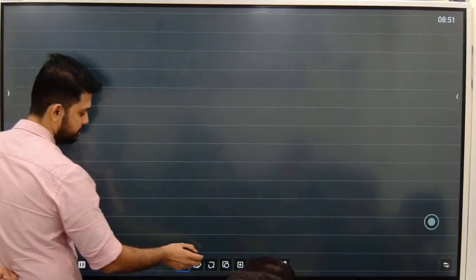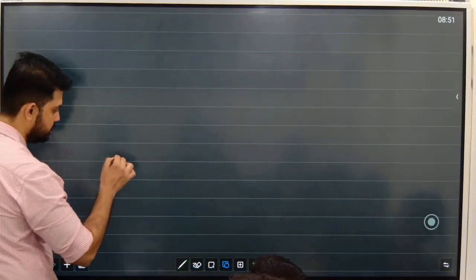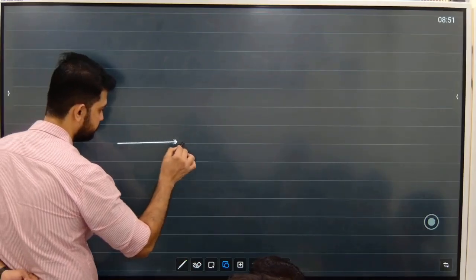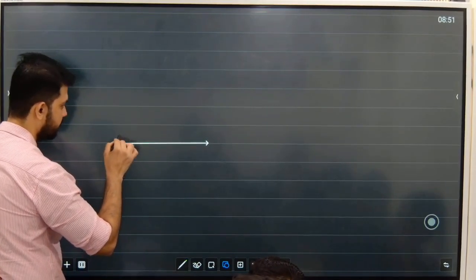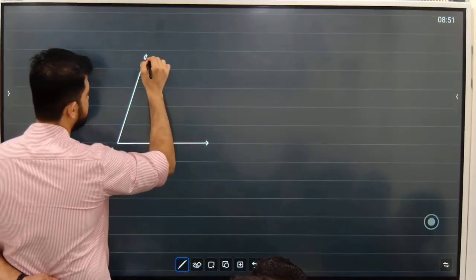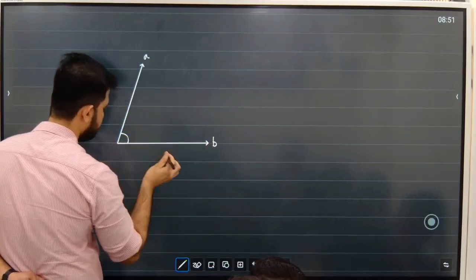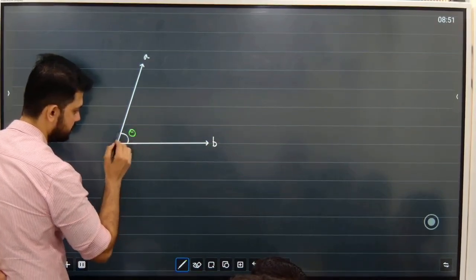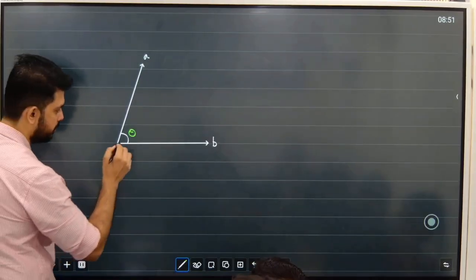and I'm sure in physics you have done the vector product of two vectors. So let's say I have a vector like this, and let's say this is some vector which is in this direction. Let's say I call this vector A, and this is vector B, and the angle between vector A and B is theta. So what is the vector product of the two vectors?